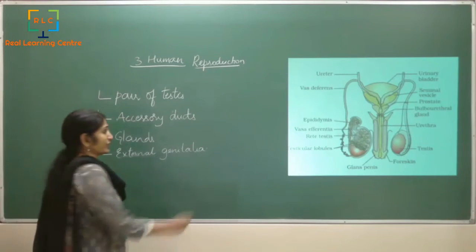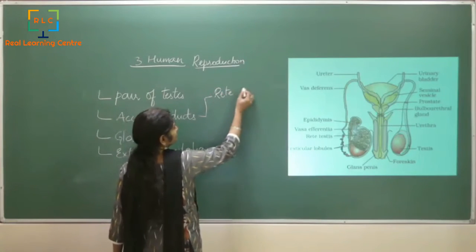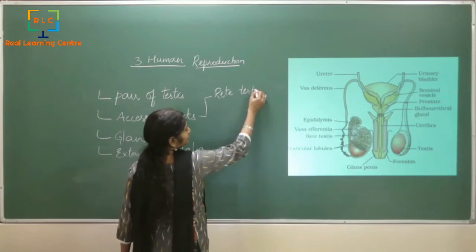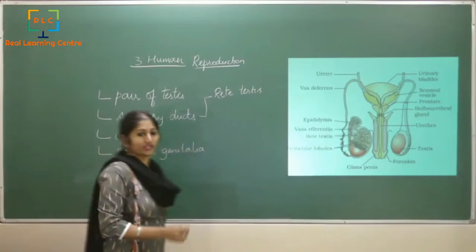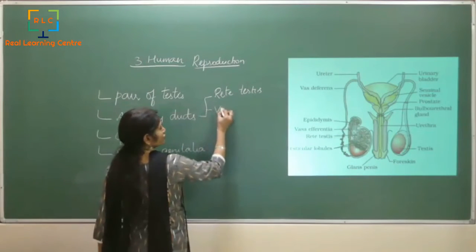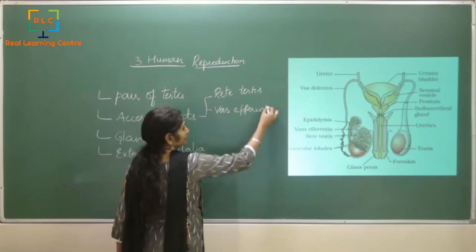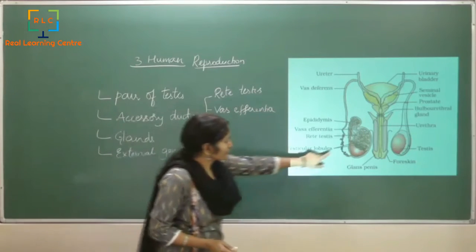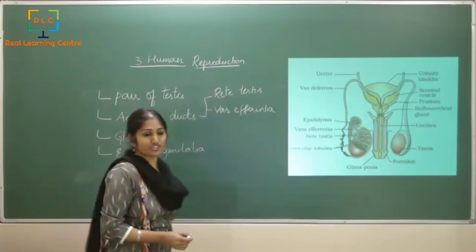Okay, now they are the first one, which is called the rete testis. Then we have the second one, which is called the vas efferentia. So the one which is going up here is called the vas efferentia.